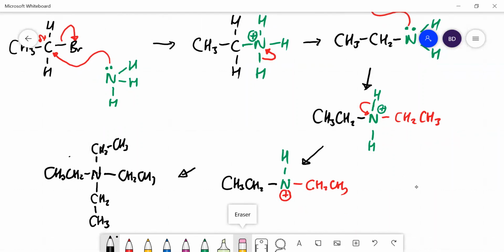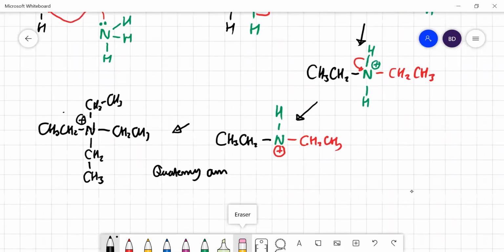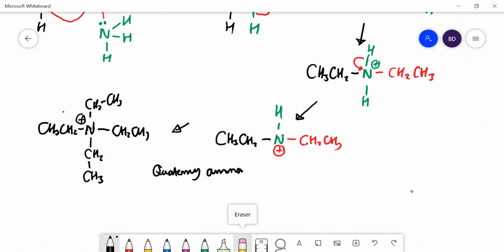You've got a positive charge on the nitrogen, and so you've formed a quaternary ammonium salt. Now, if you want to get the quaternary ammonium salt, you use an excess of haloalkane.